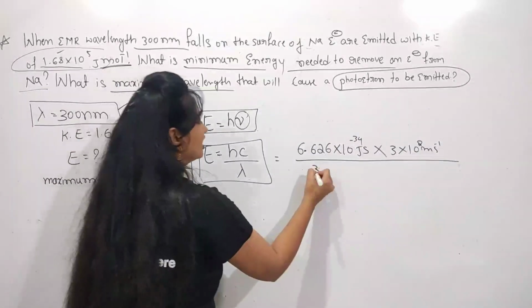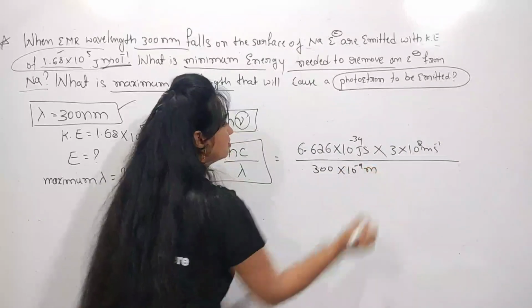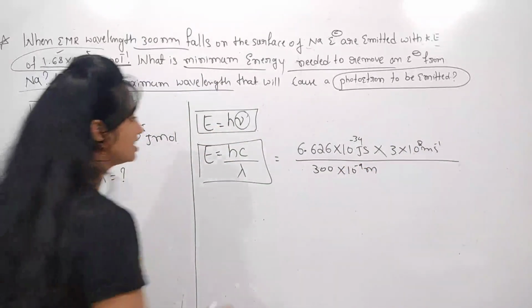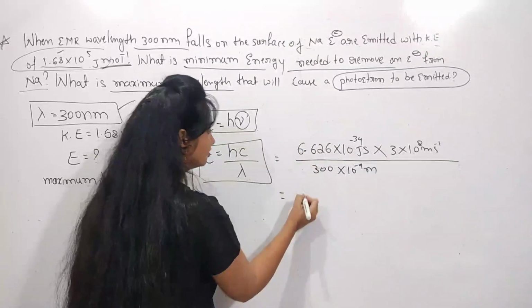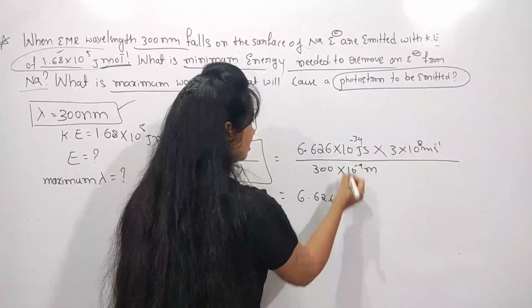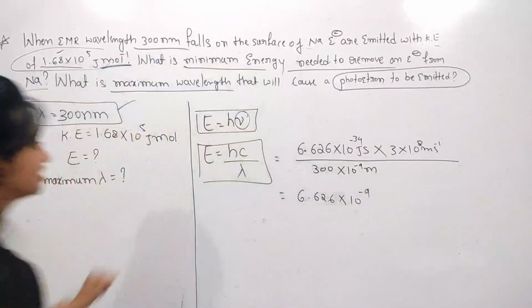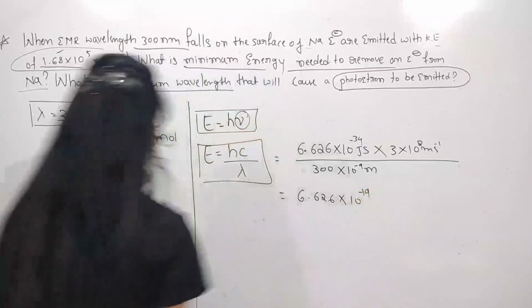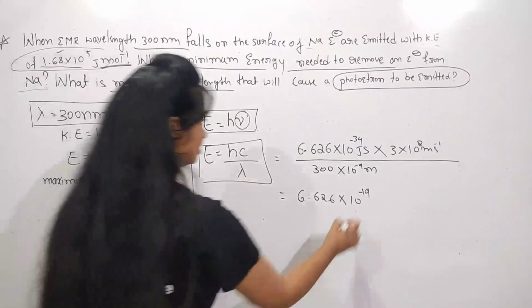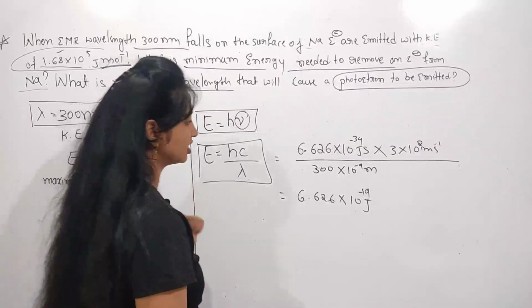Then 300 into 10 raised to minus 9 meter. Then by simplifying, what we get here is 6.626 into 10 raised to minus 19 joule.